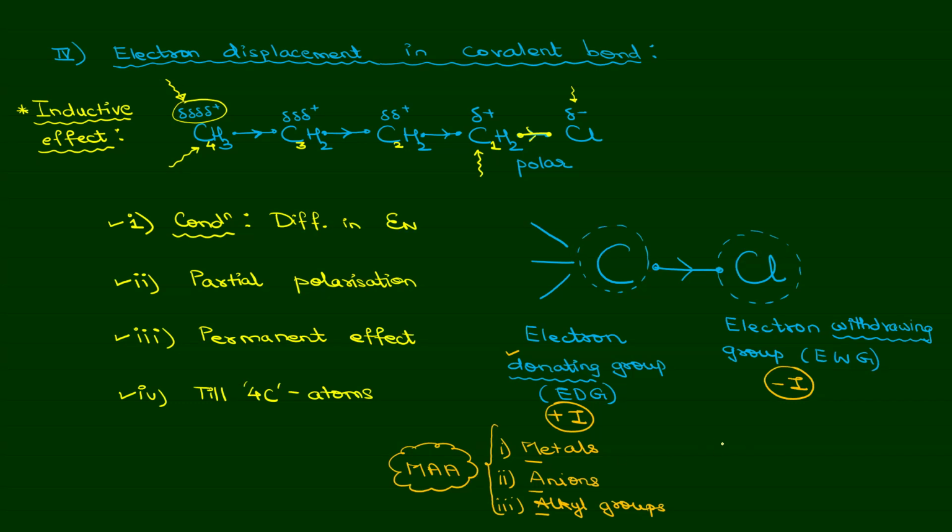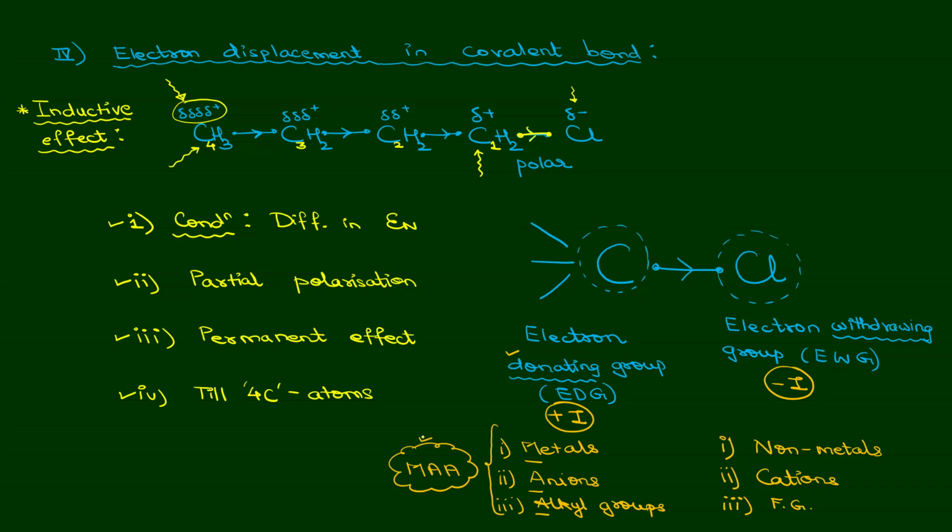Now, just reverse it. The negative effect, the minus I, would be for the non-metals, which we know have a tendency to accept or gain or withdraw electrons. Cations, which are poor, will also loot electrons, withdraw electrons. And alkyl groups attached with functional groups, which contain heteroatoms, all have the tendency to withdraw the electrons.